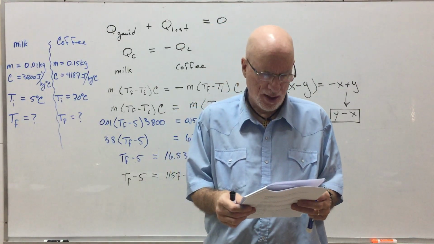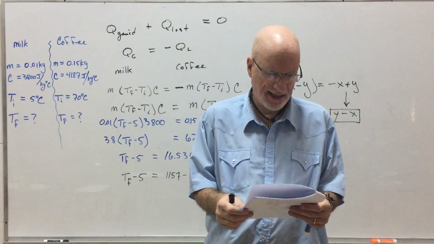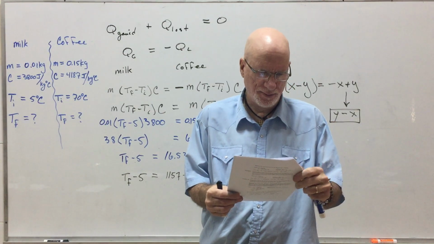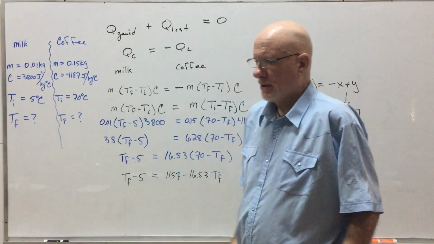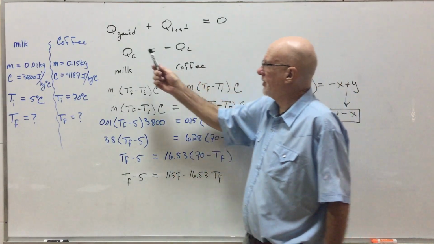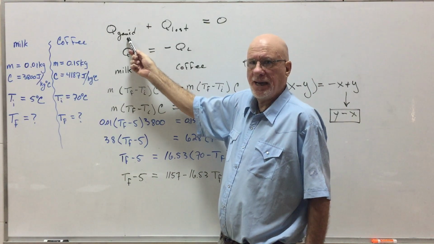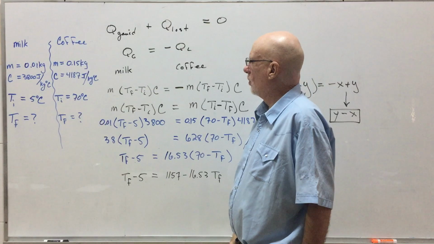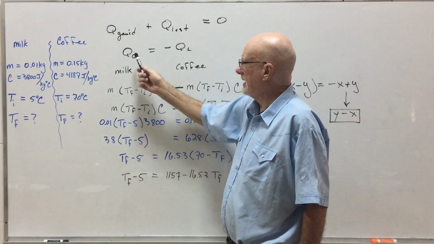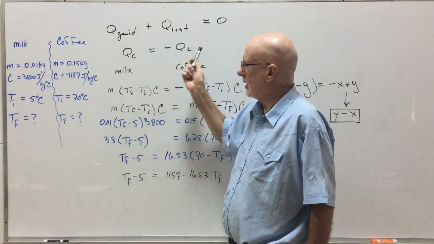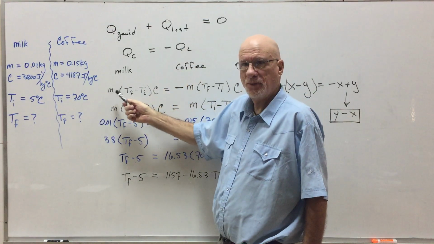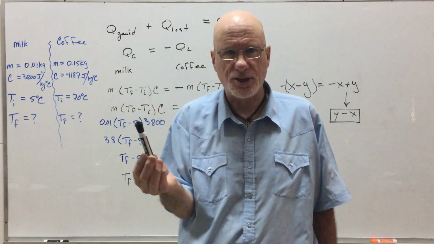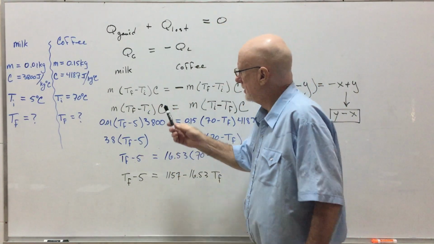Okay, now, if you've done problems in that section, example problems and problems 8 and 9, you're pretty familiar with this. The heat gained plus the heat lost equals 0. Now, we know that the heat gained or lost is going to be the mass times the change in temperature. Remember, it's always final minus initial, always.